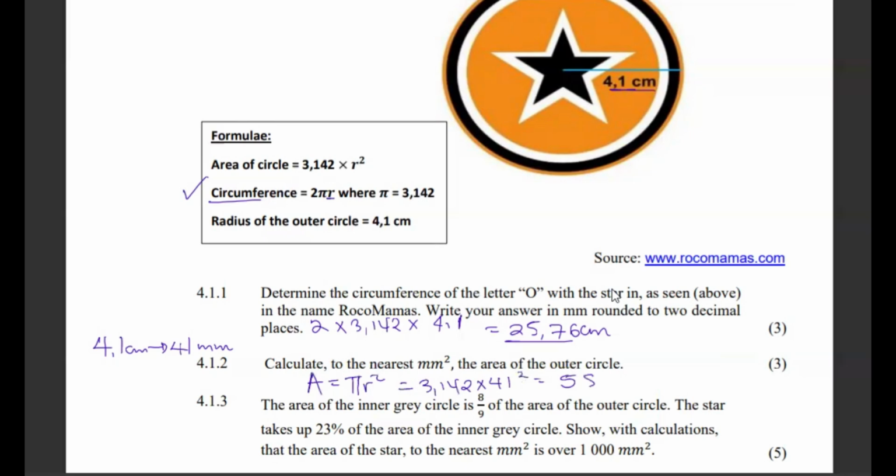The answer is 5,281.702. Don't forget the units, millimeters squared.